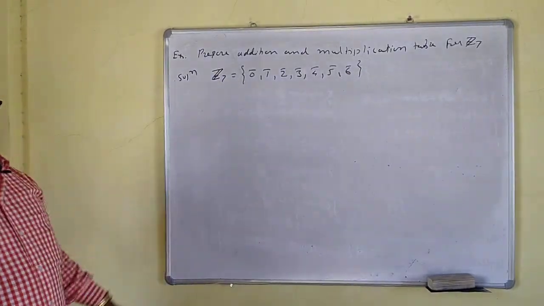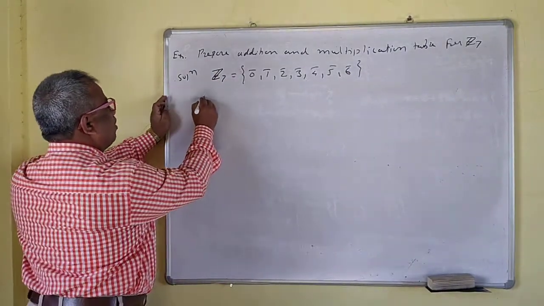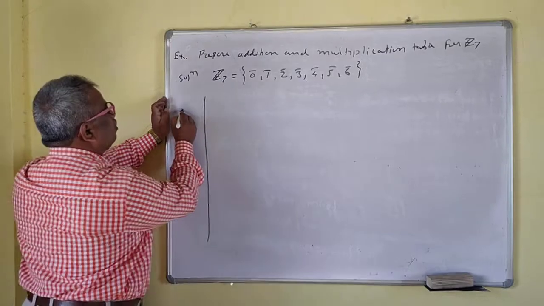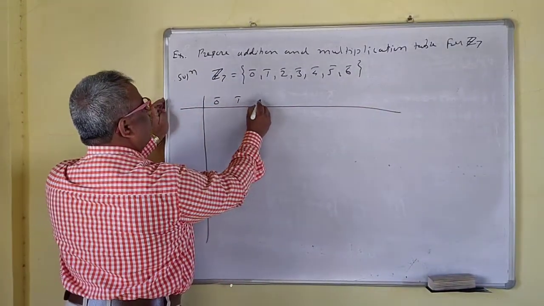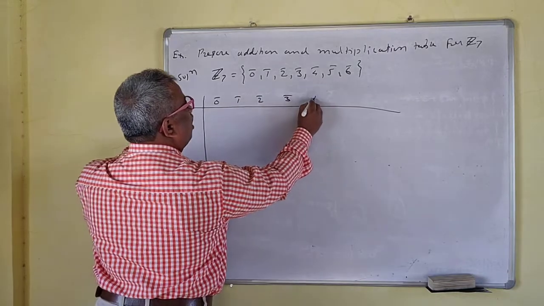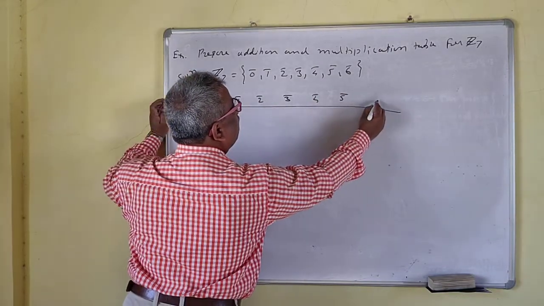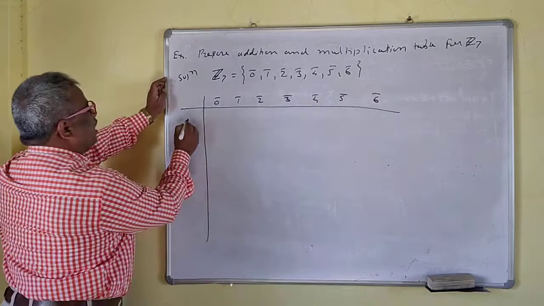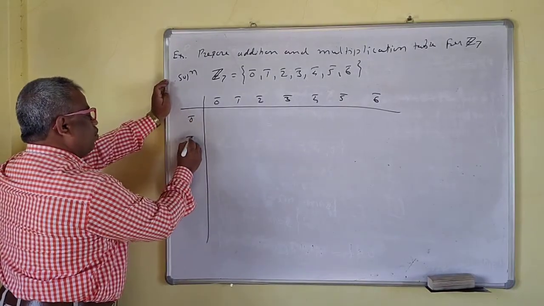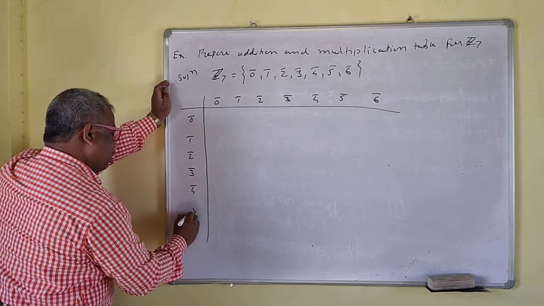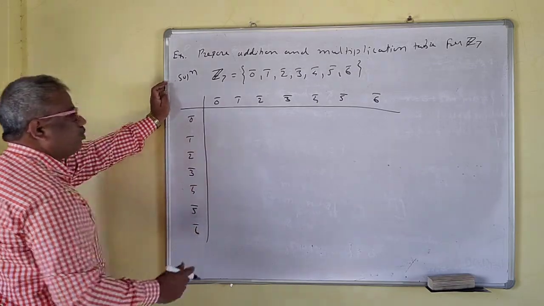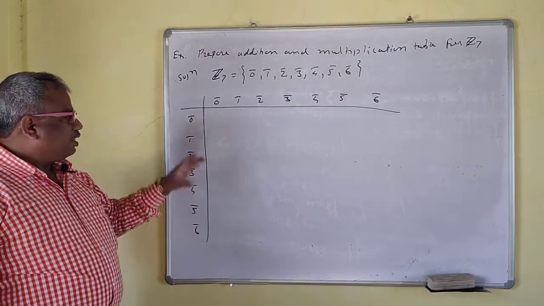Okay, so we'll write the table now. We'll make a table. So we write here 0 bar, 1 bar, 2 bar, 3 bar, 4 bar, 5 bar and 6 bar now. Again we will write here also 0 bar, 1 bar, 2 bar, 3 bar, 4 bar, 5 bar, 6 bar. So your notebook is there now, right?